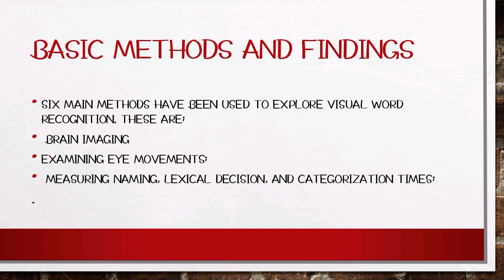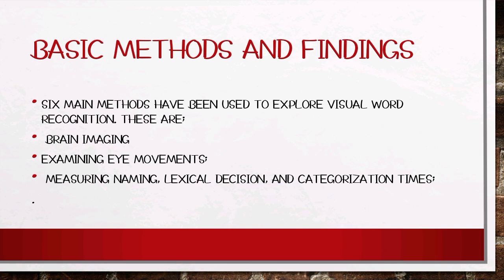Lexical decision: participants decide whether a string of letters is a real word or not. Categorization: participants categorize words into different groups. For example, researchers might measure naming times to see how quickly people can name words with different levels of familiarity.